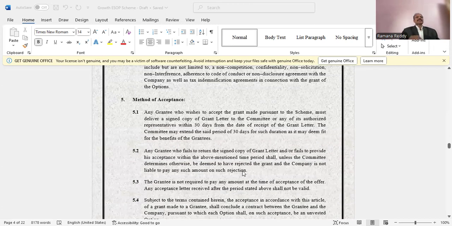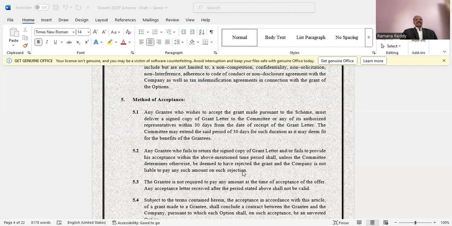So what is the method of acceptance? I will explain. Any grantee who wishes to accept the grant: the company will issue the grant letter. If the employee is willing to accept, he must deliver a signed copy of the grant letter, the acceptance letter.